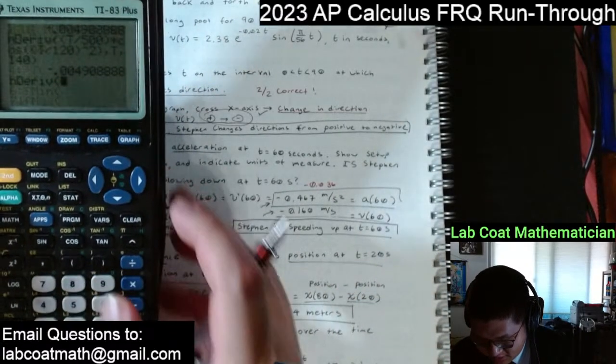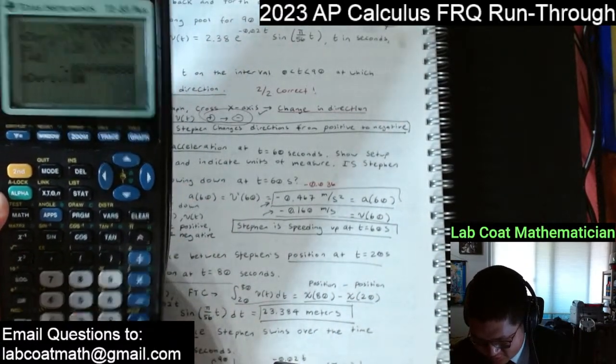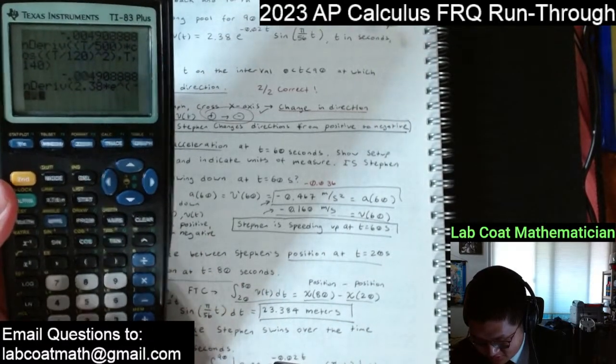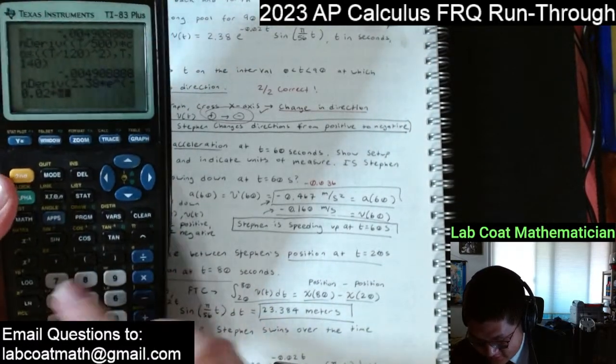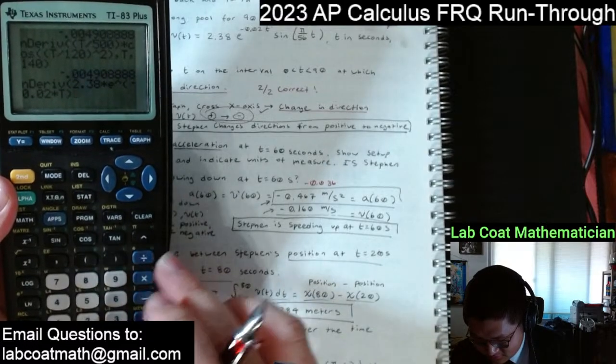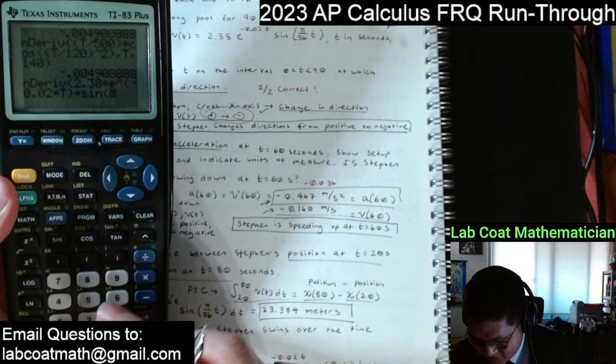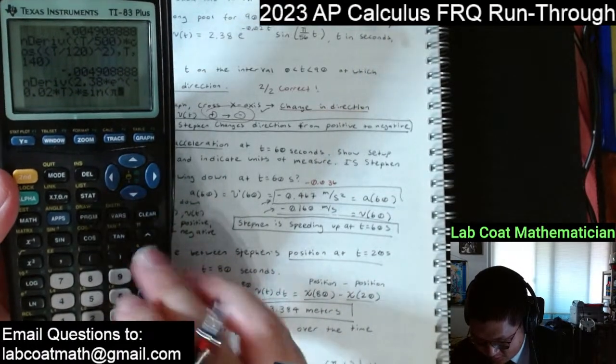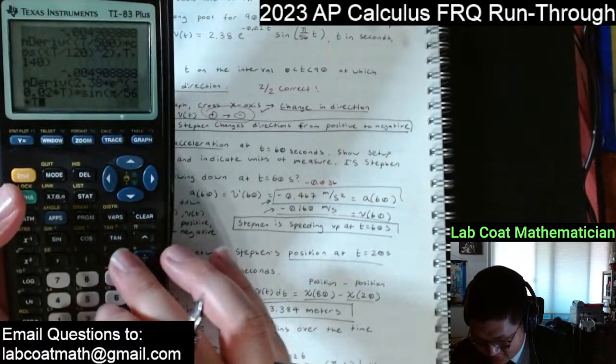So we are running the function derivative of 2.38 multiplied by e raised to the negative 0.02 multiplied by t, all then multiplied by the sine function of pi over 56 times the variable t again.